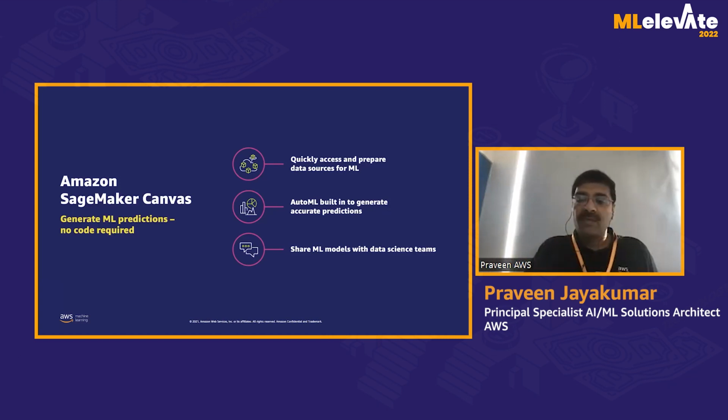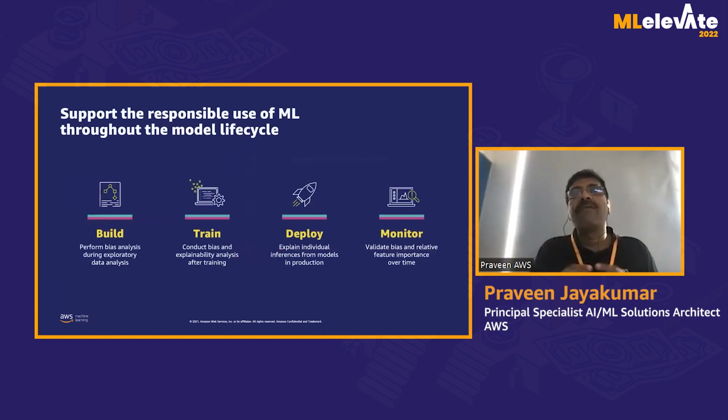And when we developed SageMaker Canvas, we had the whole concept of responsible AI in mind. During the build phase, the exploratory analysis phase, bias detection happens. We provide 21 different types of bias that we identify across build, train, and deploy.